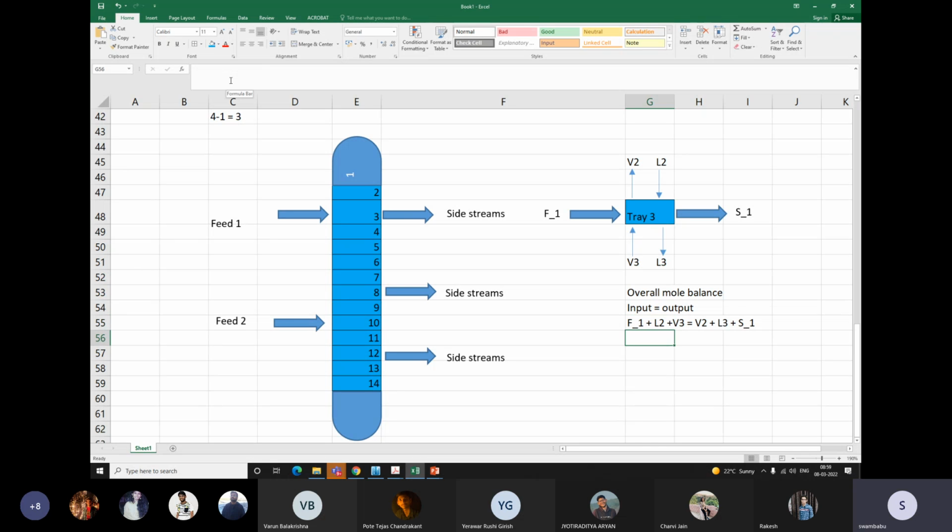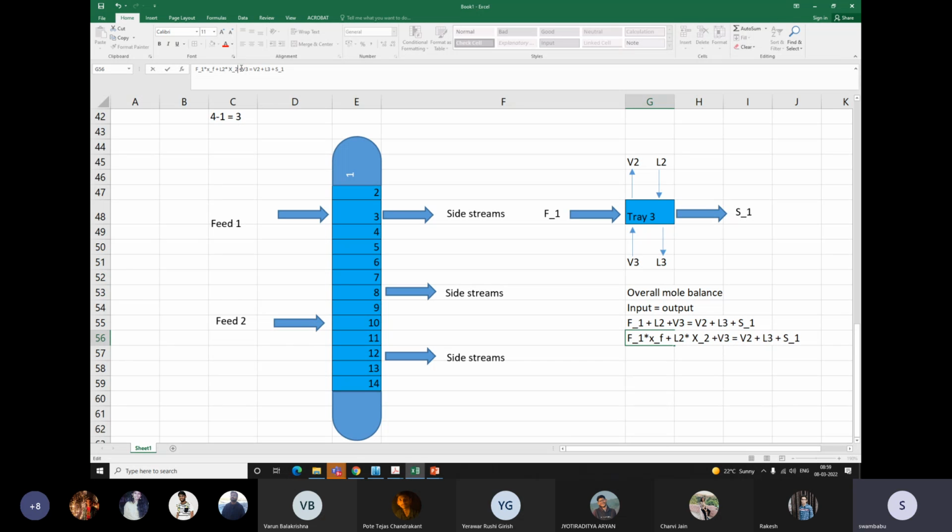And we can do the component balance. How do we do the component balance, what will come? Mole fractions will come. F1 into XF is the mole fraction, and L2 is XL2, or X2, whatever, X2.